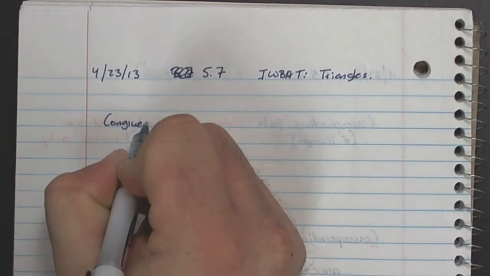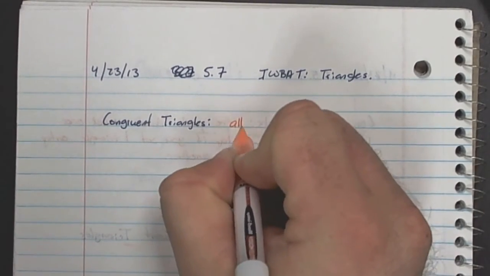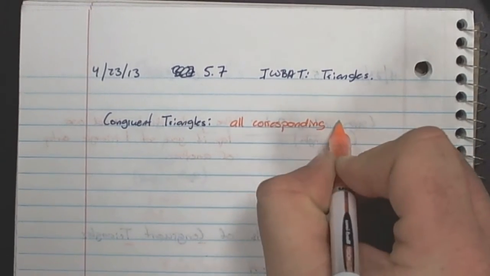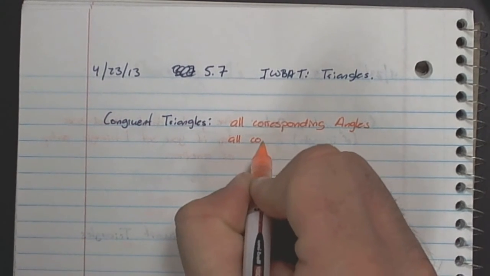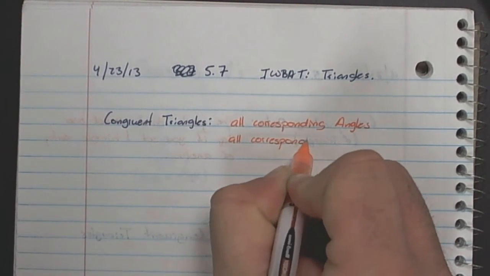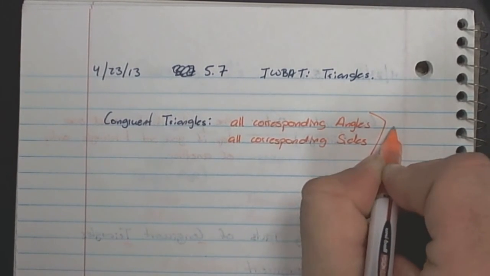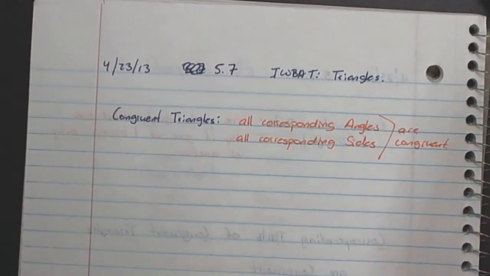Congruent triangles. If we go back to our definition of congruent, it means they have the same measure. So all corresponding angles and all corresponding sides are congruent, meaning they have the same measure.